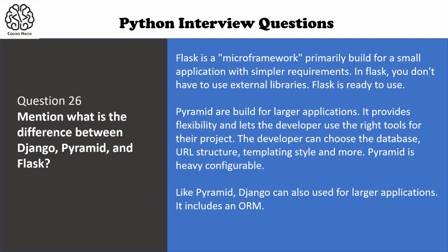Whereas Pyramid is built for larger applications. No doubt, it provides flexibility and lets the developer use the right tools for their project. Likewise, we have Django, which can be used for larger applications. It includes an ORM. In the upcoming slides, we are going to see what an ORM is.